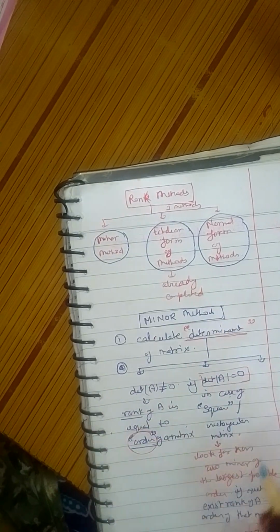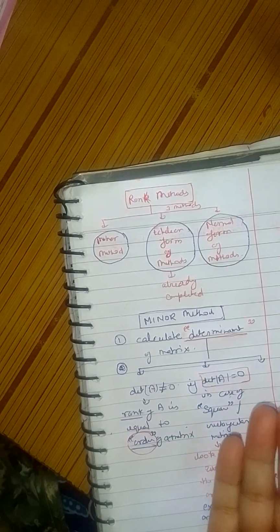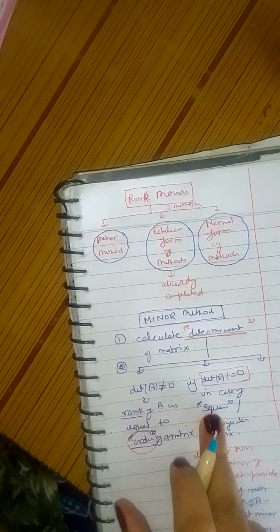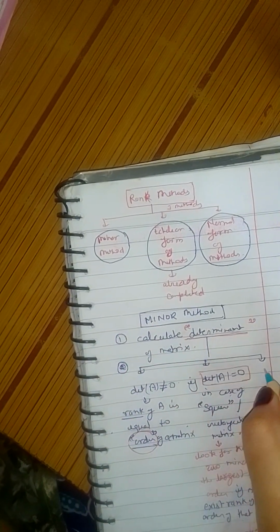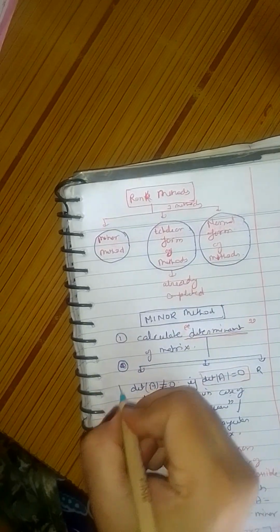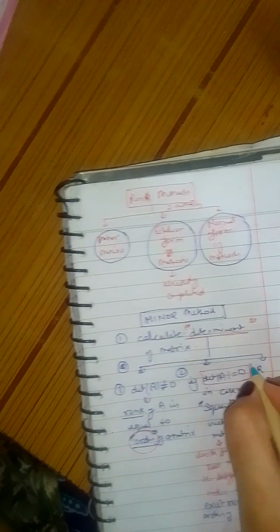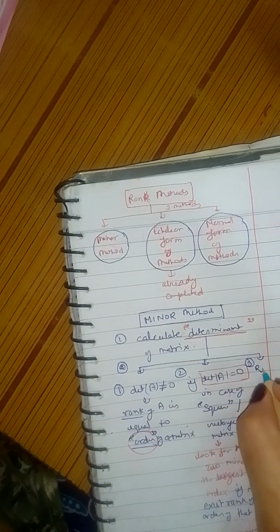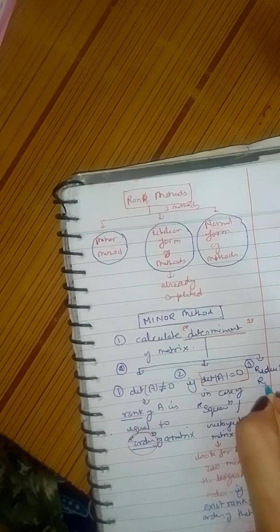This is the first step, this is the second step, and the third step is reduce and repeat.